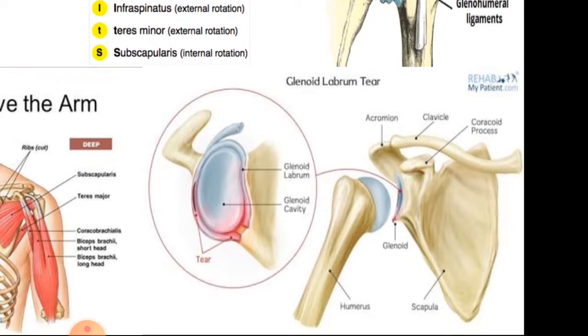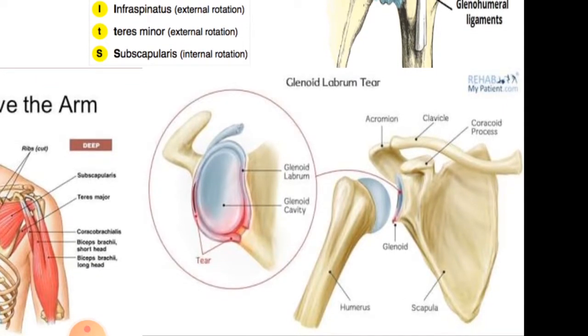So the first thing that should come to your mind is what type the shoulder joint is. It's the ball and socket type, and the ball is the head of the humerus, and the socket is this glenoid cavity, which is part of the scapula.